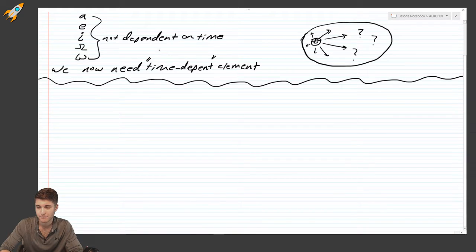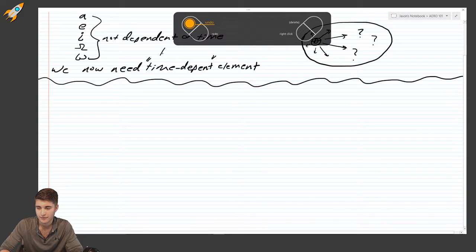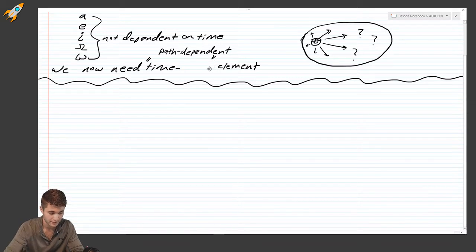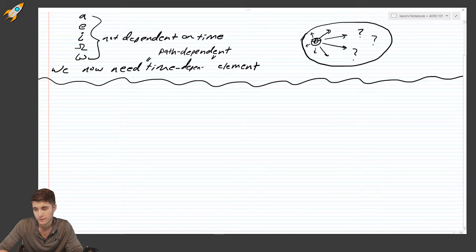A better way to put it is path dependent, right? Path dependent. Because this derivation, wow, good spelling on dependent there. What this actually will be is an equation that starts with a component that's with respect to time, and we're going to get rid of that component. Dependent. I'm gonna fit that in there. Okay, cool. Good enough.